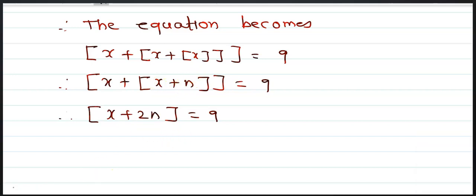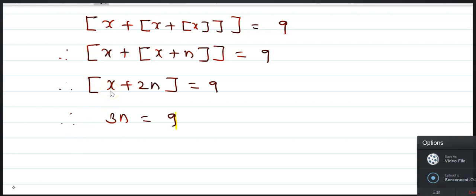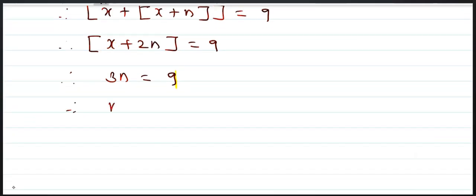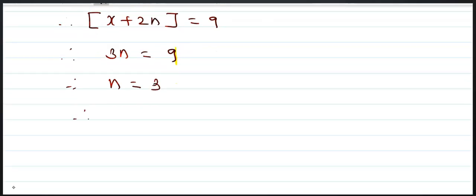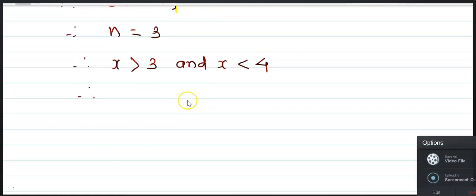Now next is also 3n. The integral part is also n, that is 3n, and in this case we get 3n is equal to 9, n is equal to 3. Therefore, it's very clear that x is greater than 3 and less than 4, which means the value of x lies between 3 and 4.